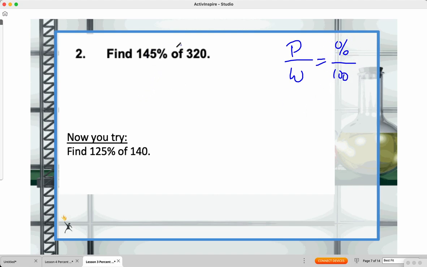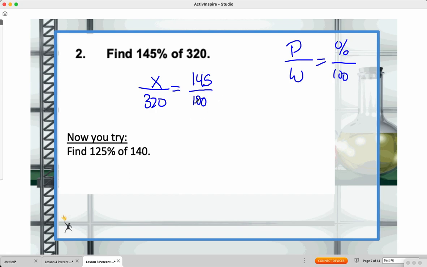So again, we're trying to find our part. 320 is our whole, equals 145 over 100. There are lots of ways you could do this. You're going to have to cross multiply, but you could also simplify right here if you wanted to and make it a little bit smaller of a number.